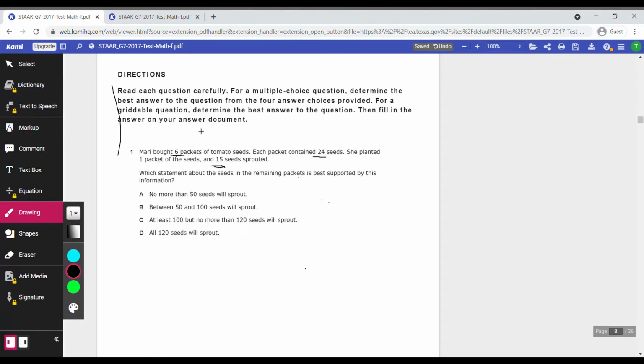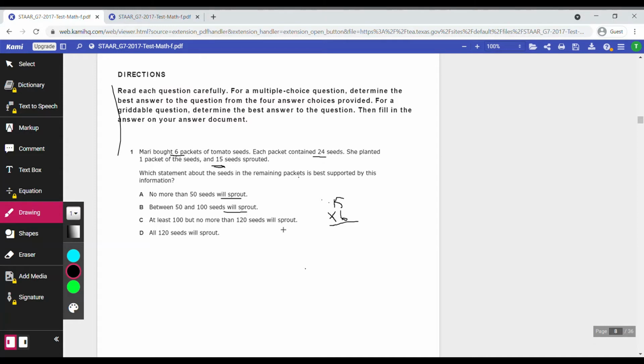So let's look at our question again. Marie planted 1 packet of seeds, and only 15 seeds of that packet sprouted, so we'd have to multiply 15 times 6 to get how many seeds would sprout, because the answer choices all say will sprout.